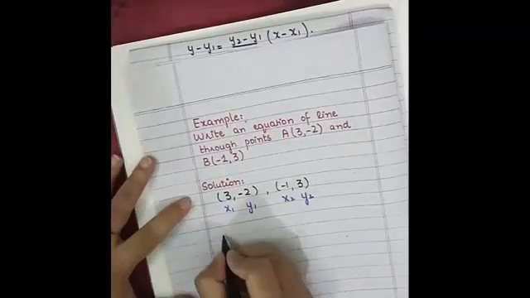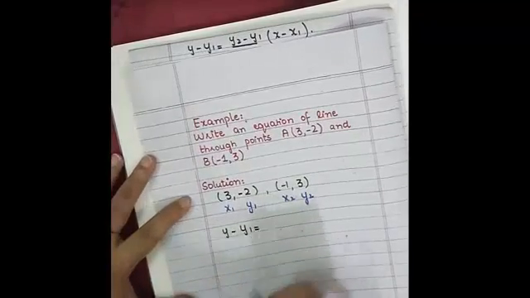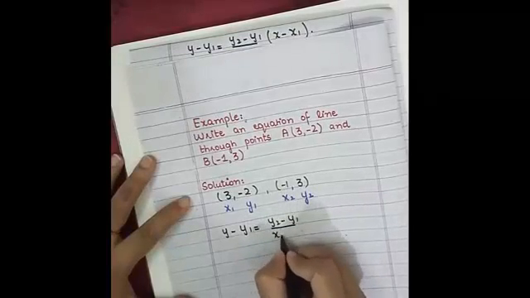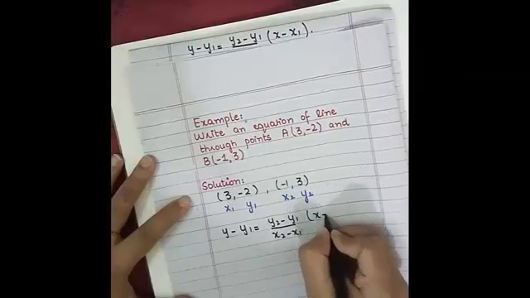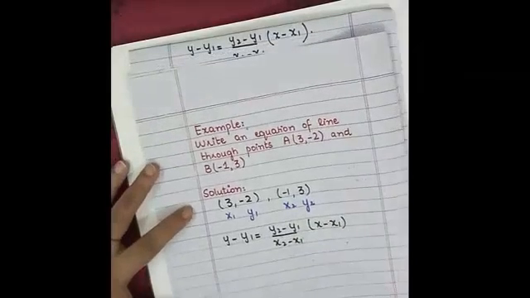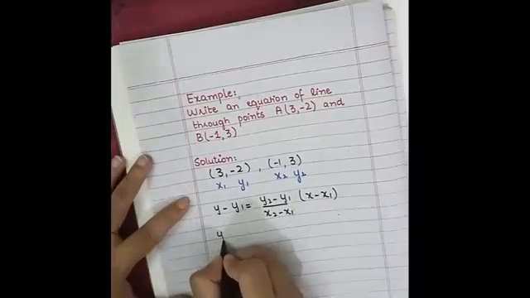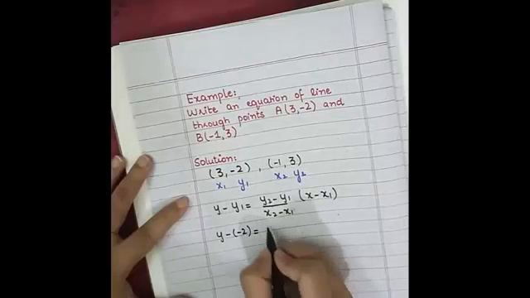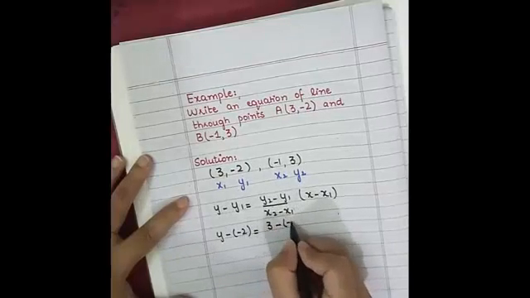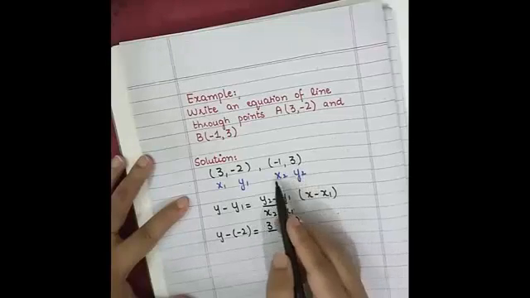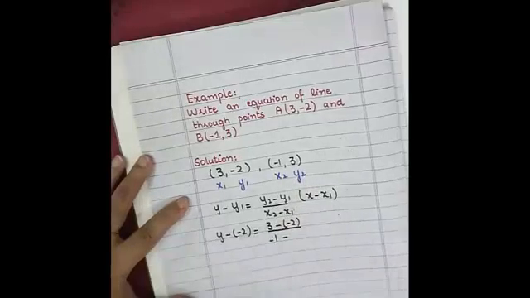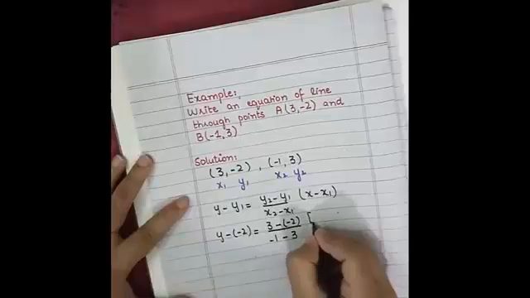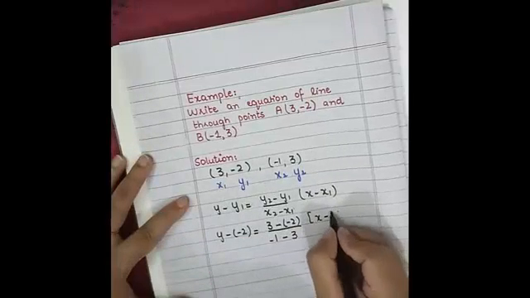Writing the formula, y minus y1 is equal to (y2 minus y1) divided by (x2 minus x1) into (x minus x1). So y minus y1, where y2 is 3 and y1 is minus 2, divided by x2 which is minus 1 minus x1 which is 3, into x minus the value of x1, which is 3.